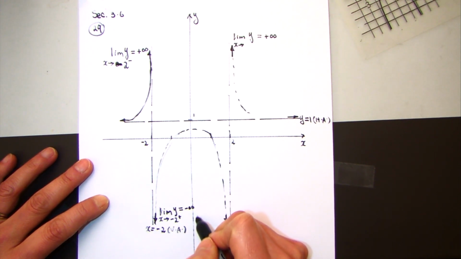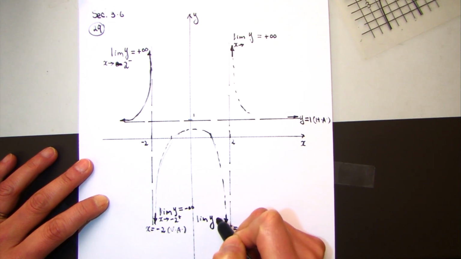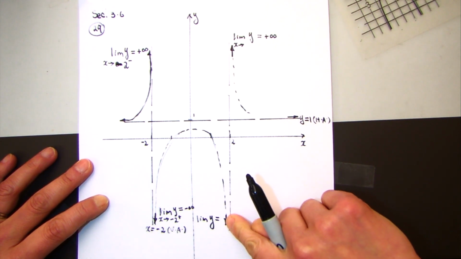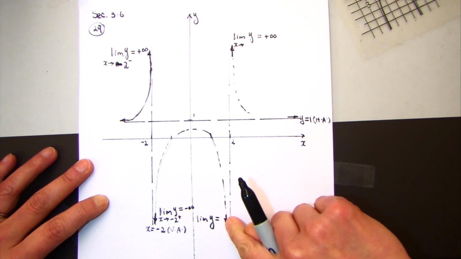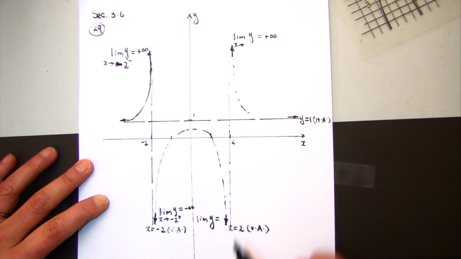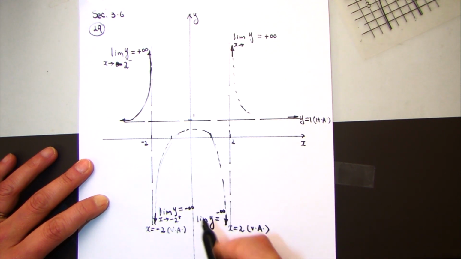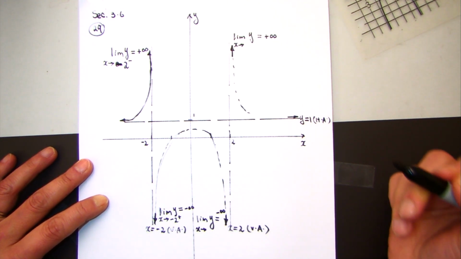Again, it is the limit of the function equals. Again, this part you're really good at. Your y value drops way, way, way down to the earth. That's negative infinity. Again, go ahead, see if you can figure out x approaches what number from which side.